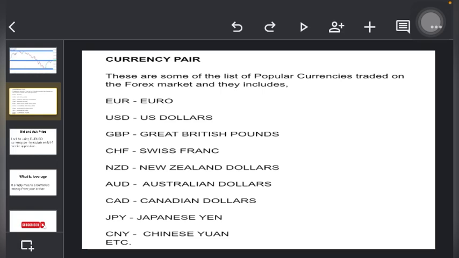All right, now that is one of the assignments you'll be doing for yourself. But if you don't want to do the overall assignment, you can just follow the simple steps that I will be taking you through here, and just flow with these major currency pairs. So let's move to the next slide without wasting further time.